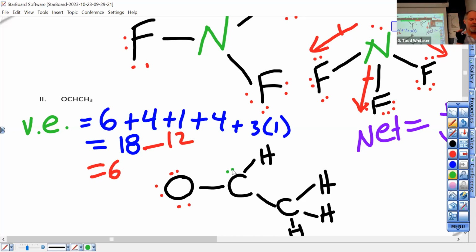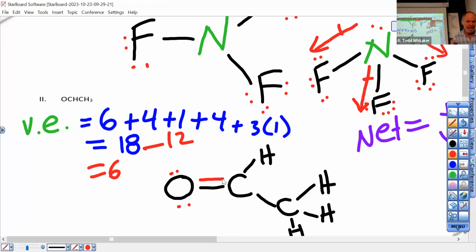Now you have 20 electrons on your structure. It's wrong. You added 2 more electrons than you were allowed to. So you got to take off an existing lone pair and put it back on as a bond. That's the secret. Put that lone pair back on as a bond, and now you're officially done.